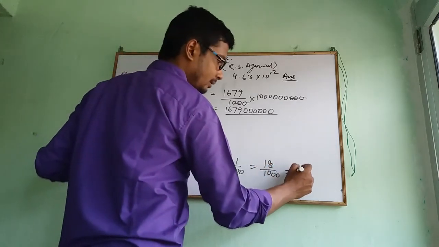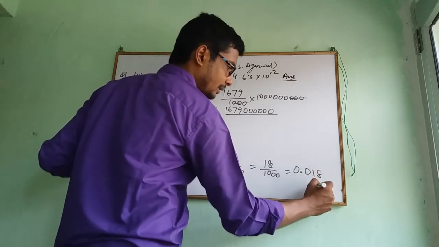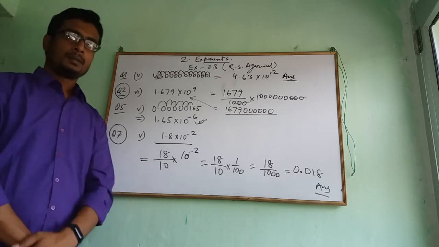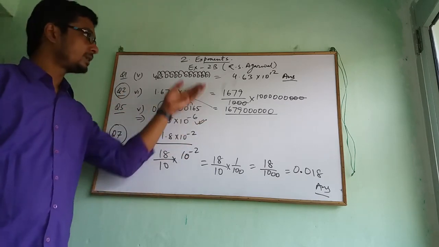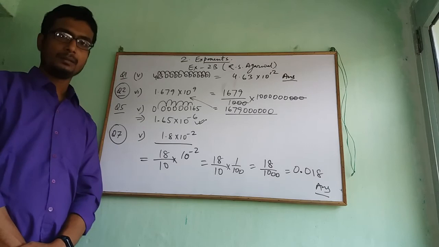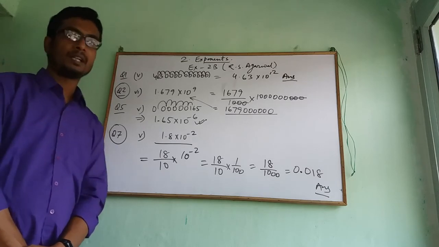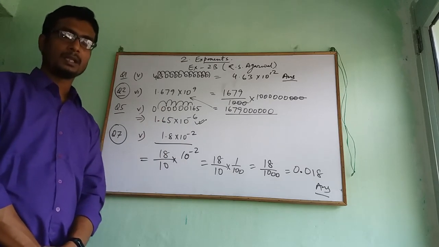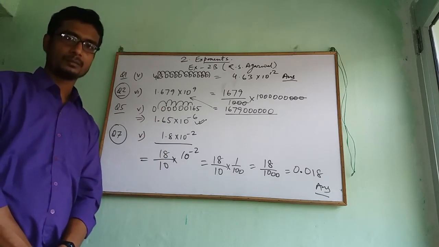So you will write it down as 0.018. So I have solved some of the questions from exercise 2B RS Agarwal. I hope that you have understood the concept which I have given in the chapter exponents, and you may be able to solve the remaining questions. Thank you.